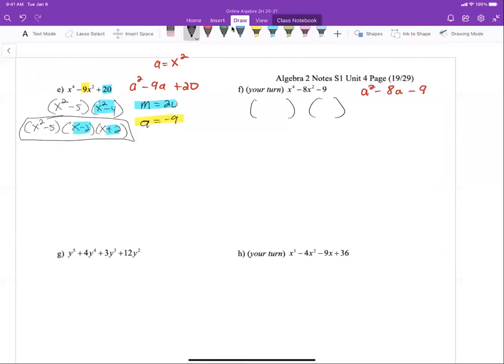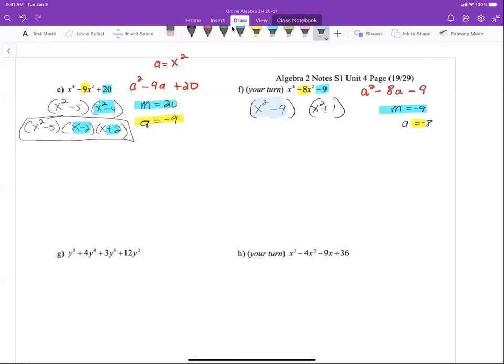We are trying to find two numbers that multiply to -9 and add to -8. We will find that to be -9 and +1, except, again, it is quadratic in x squared, not x. So now I have another item that I must factor.